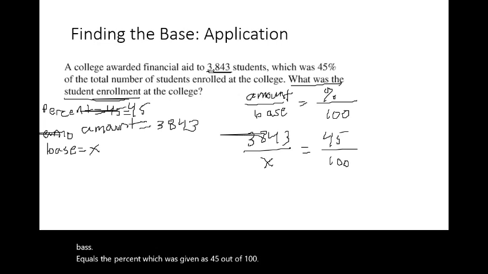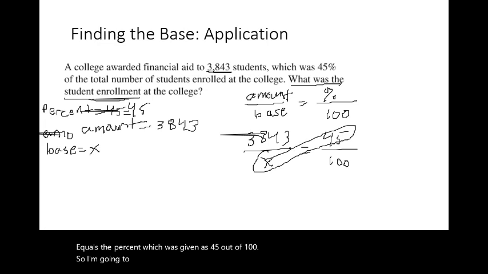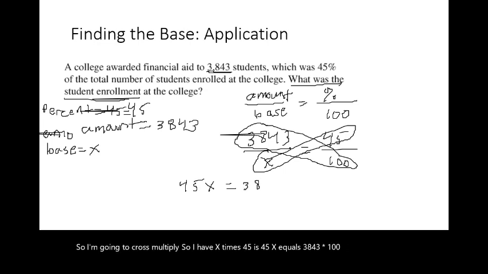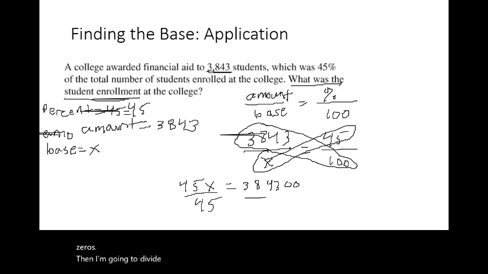So I'm going to cross multiply, so I have x times 45 is 45x, equals 3,843 times 100 is 3,843 with 2 zeros. Then I'm going to divide both sides by 45.